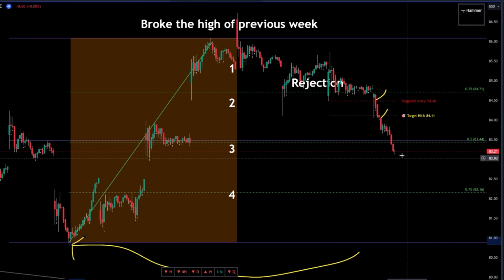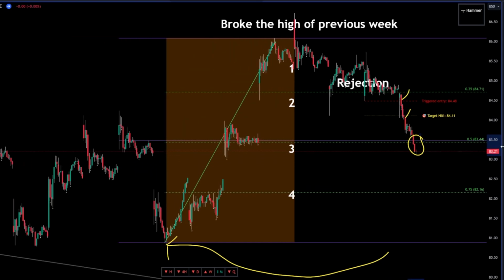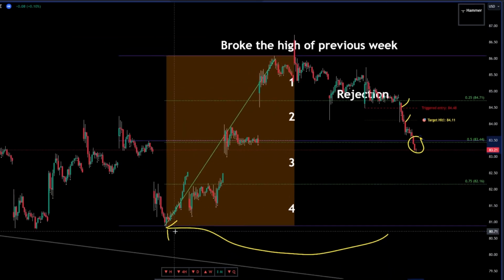Look how far from this level that the price is at right here. Look how far that level is in price to the low of the past week. A $3 to $4 drop.